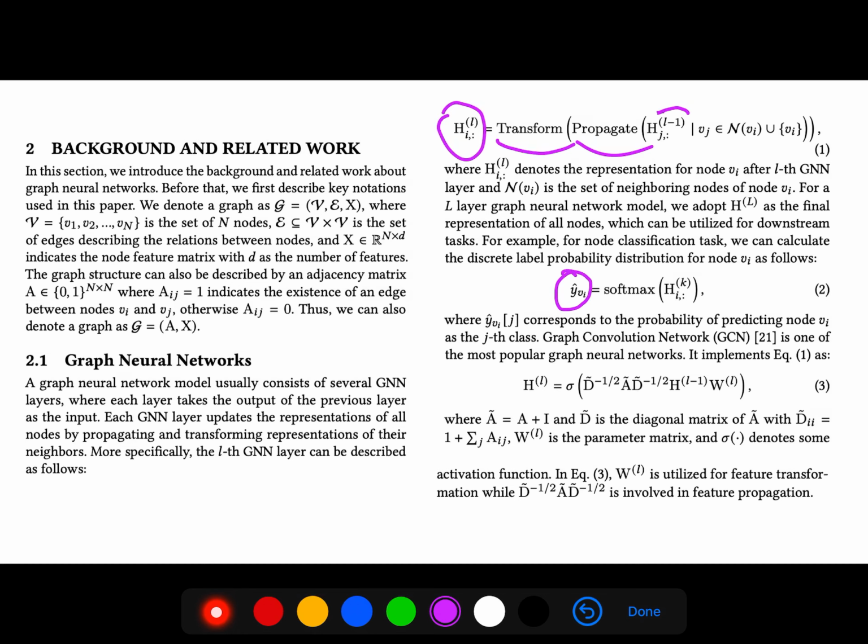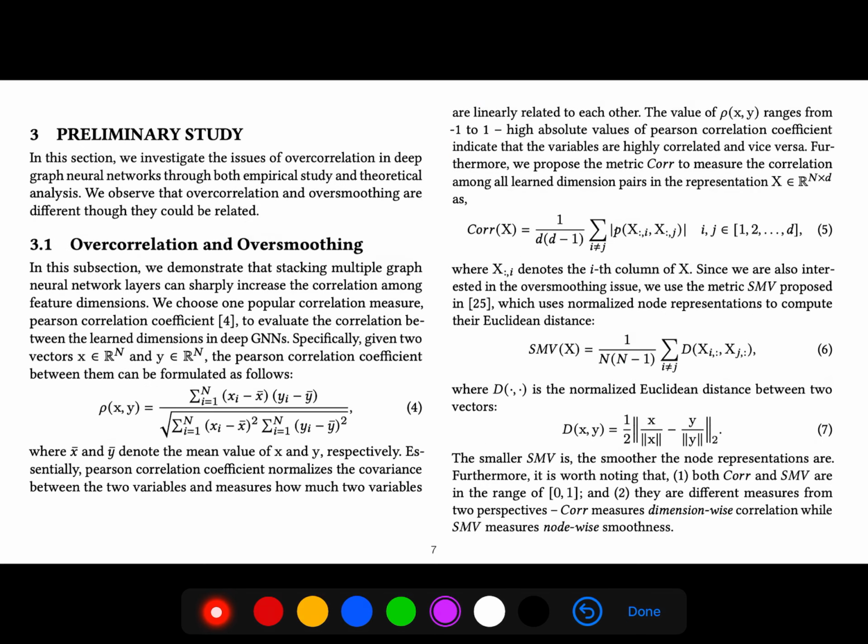Of course, a graph convolutional network can be written as simple as this one. So these are the basics, and the important thing in this paper is this Pearson correlation coefficient between two vectors.